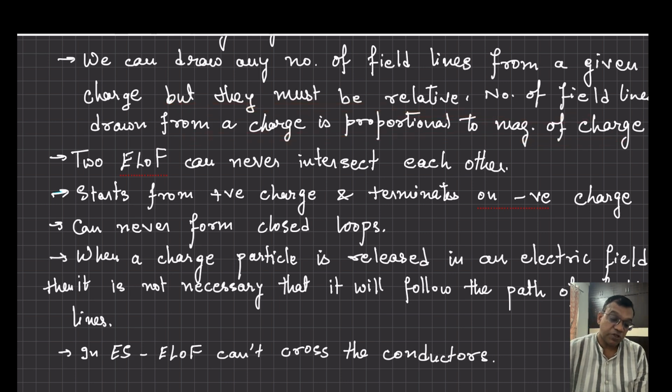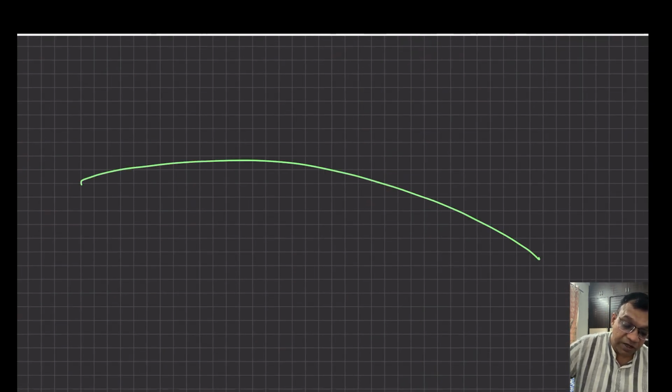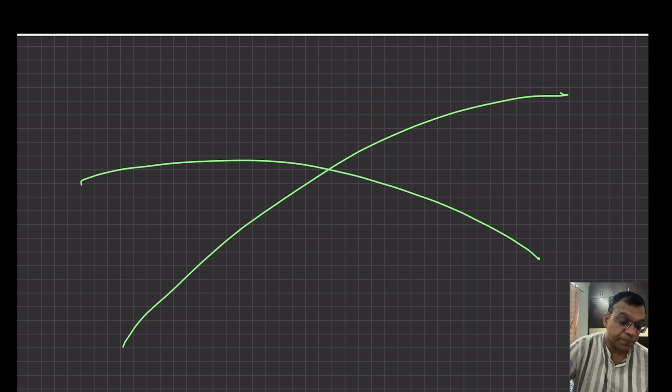Electric lines of forces cannot intersect each other. Try to understand this. If two electric lines of forces will intersect, then at the point of intersection, at this point, this line, line 1, will give you the direction of electric field this way.